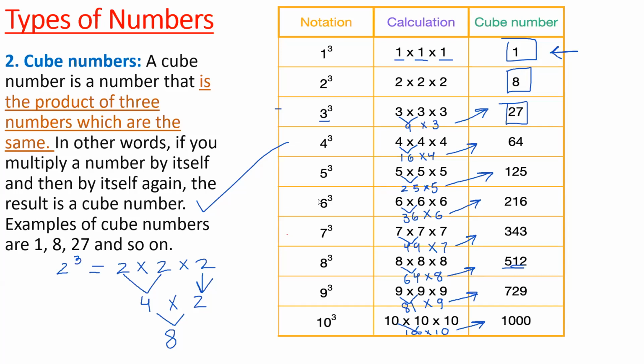Dante Davel, give me an example of a cube number. Where are you? Dante, are you there? I can't hear from Dante. Yes, sir. I'm asking you, give me an example of a cube number. 216. 216, very good.